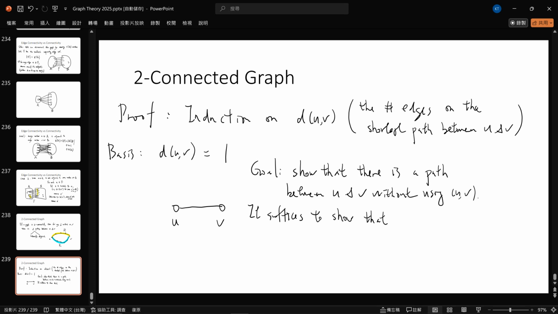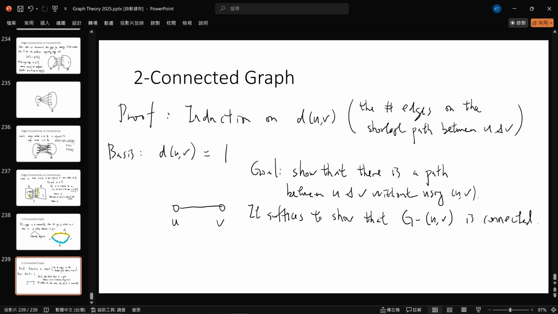Or even better, you can show that the graph is connected after you remove the edge between U and V. So if the graph is still connected after you remove this edge, then since by definition the graph is connected, there's a path. Okay, so now the problem is how to show that the graph is still connected even if you remove this edge.